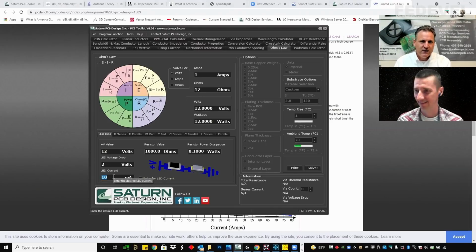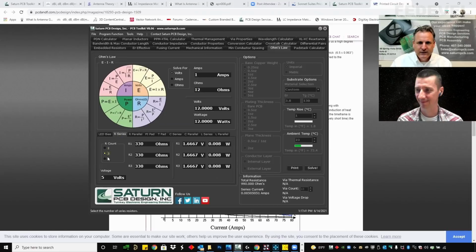If you can use them, run them at 10, fine. If you've got 12 volts going into it, and a typical LED is 2.1 volts, to run it at 10 milliamps you'd need a 990 ohm resistor, and the wattage of the resistor is shown. That actually works out pretty well.